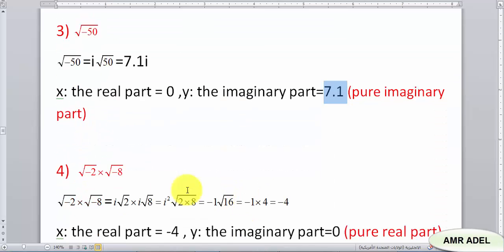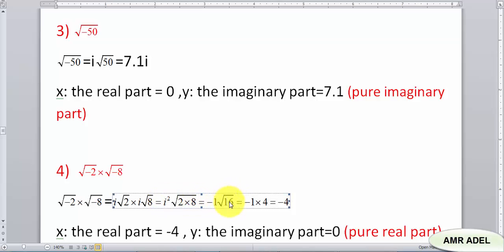Look at this example. Now, square root of minus 2 multiplied by square root of minus 8. We make this minus outside to be i, and this other minus to be i. Now i here and i here will be i squared. 2 and 8 are under the square root. 2 multiplied by 8 is 16. i squared is minus 1.